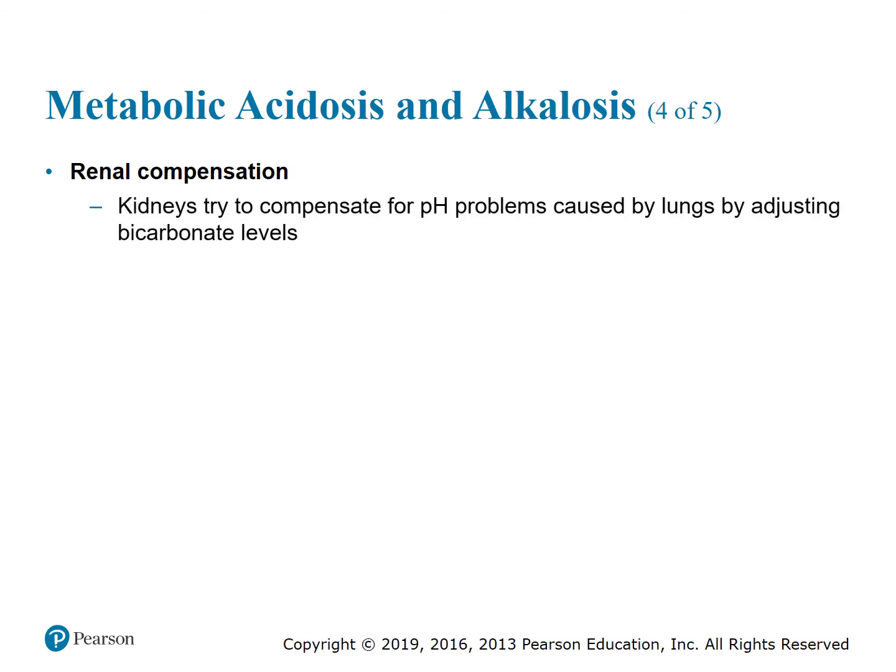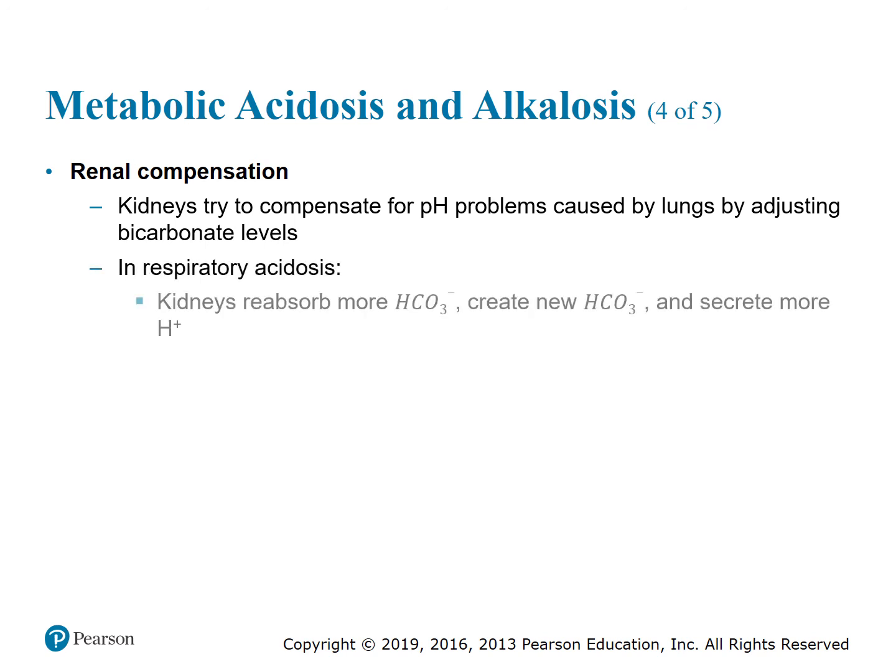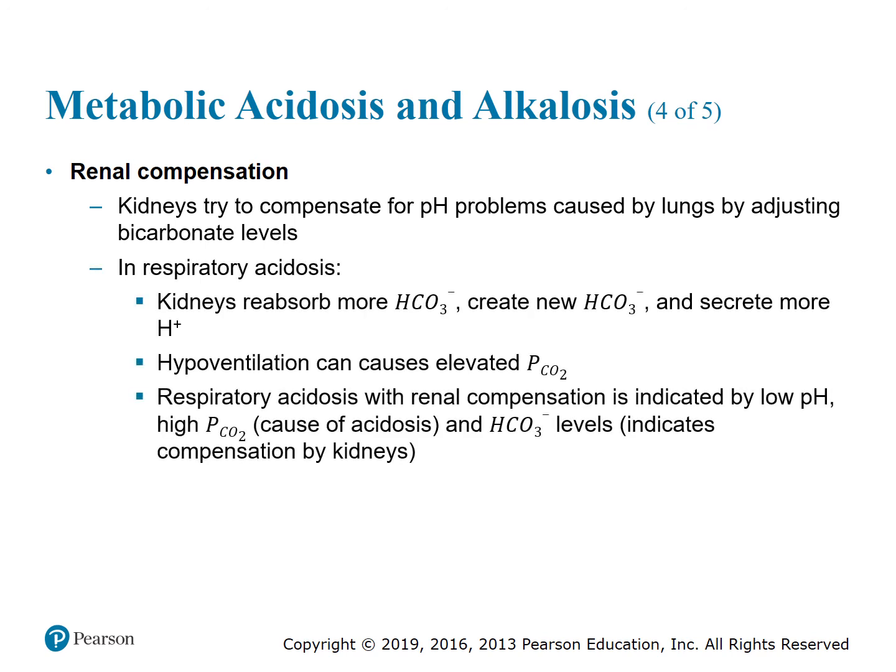Now, renal compensation can try to compensate for pH problems caused by the lungs, and they will adjust bicarbonate levels. So in respiratory acidosis, the kidneys will reabsorb more HCO3. And so this causes you to secrete more hydrogen.